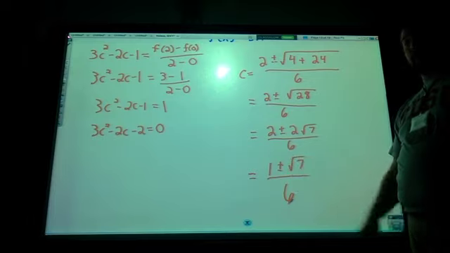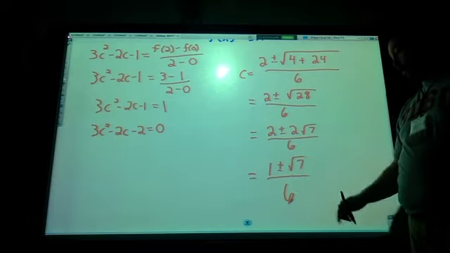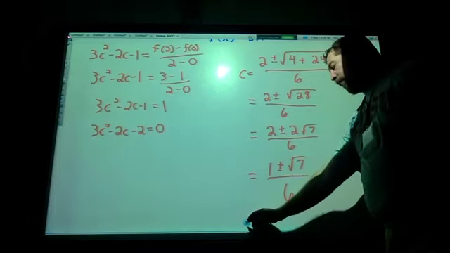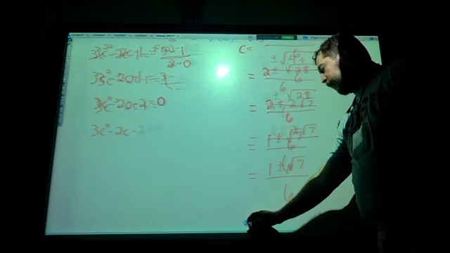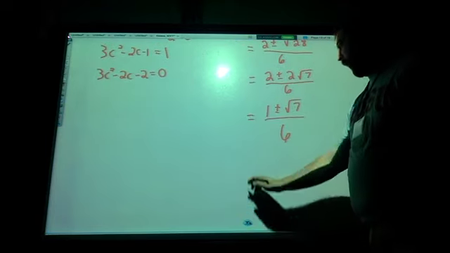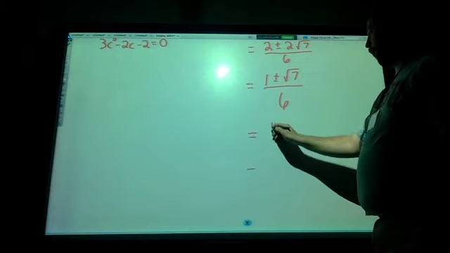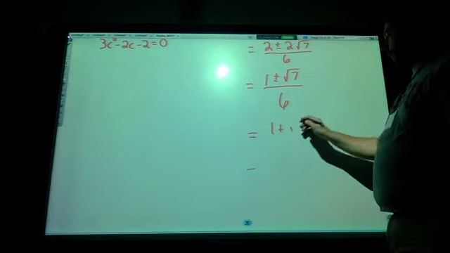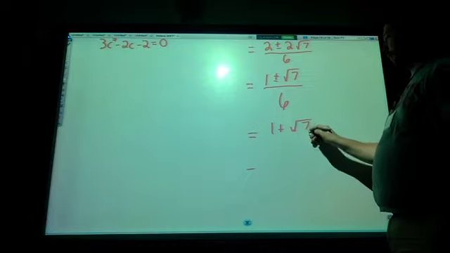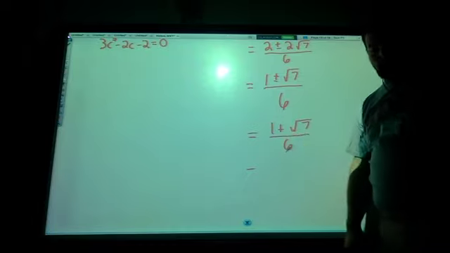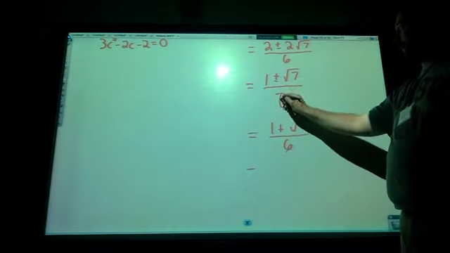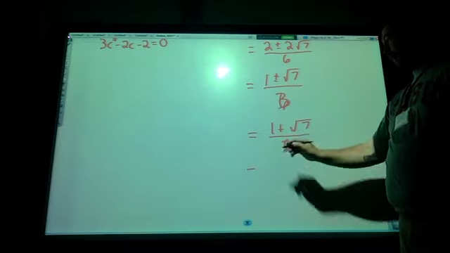So 1 minus that is going to give me a negative number, so I can ignore that one. And so the one I'm looking for is the plus one. Mean value theorem said it had to work. So 1 plus the square root of 7, all divided by 3. It should have been 3 there.